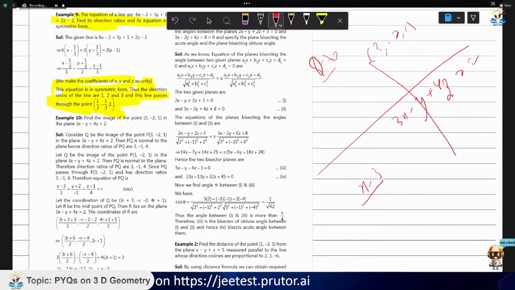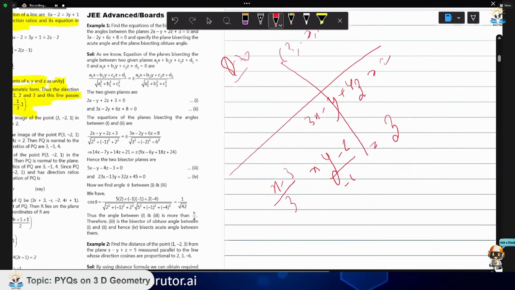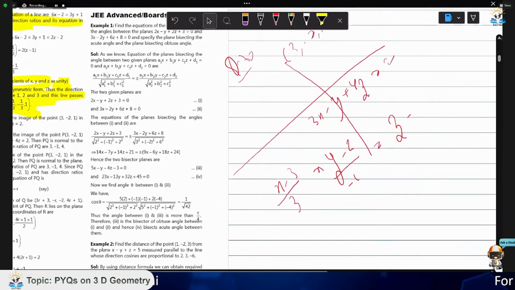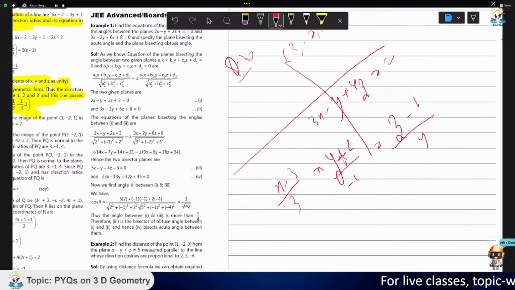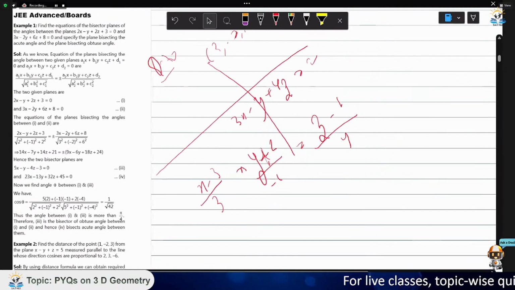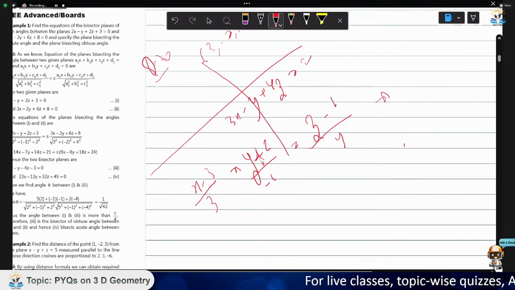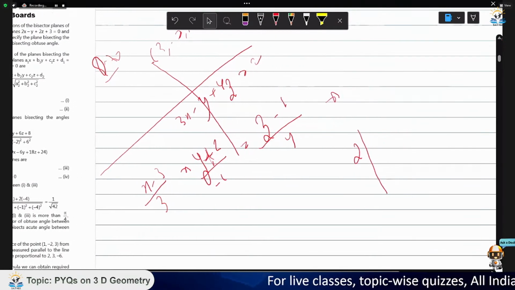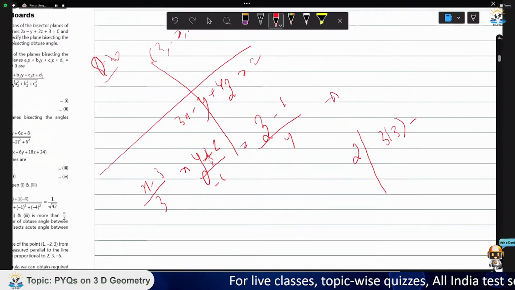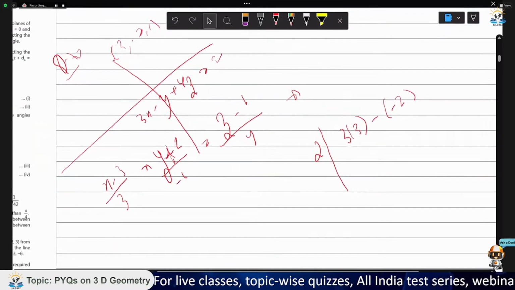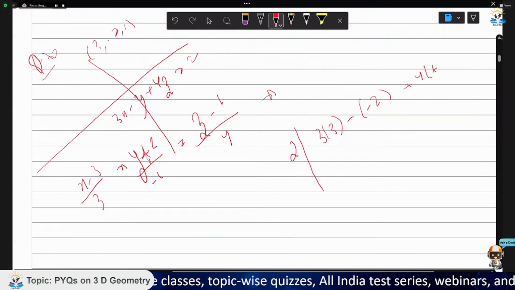So x minus 3 by 3 should be equals to y minus 2 by minus 1 should be equals to z, so this would be a plus here, z minus 1 upon 4 is equals to 2 times of modulus of 3 into 3 minus 2 plus 4 times of plus 1.